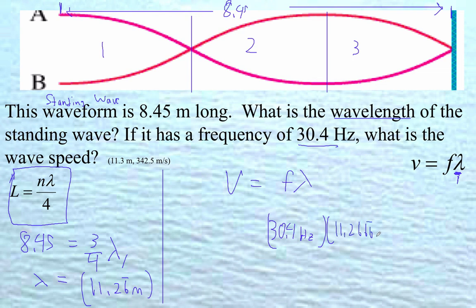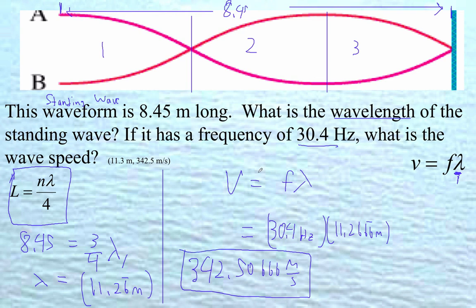Have I shown you guys how to type in a repeating decimal? I can't remember if I've done that for you. There's a really cool way to type in a repeating decimal. Have me show you in class if I haven't. So times 30.4. It's on my calculator, so I just did that, and I get 342.50666 meters per second.